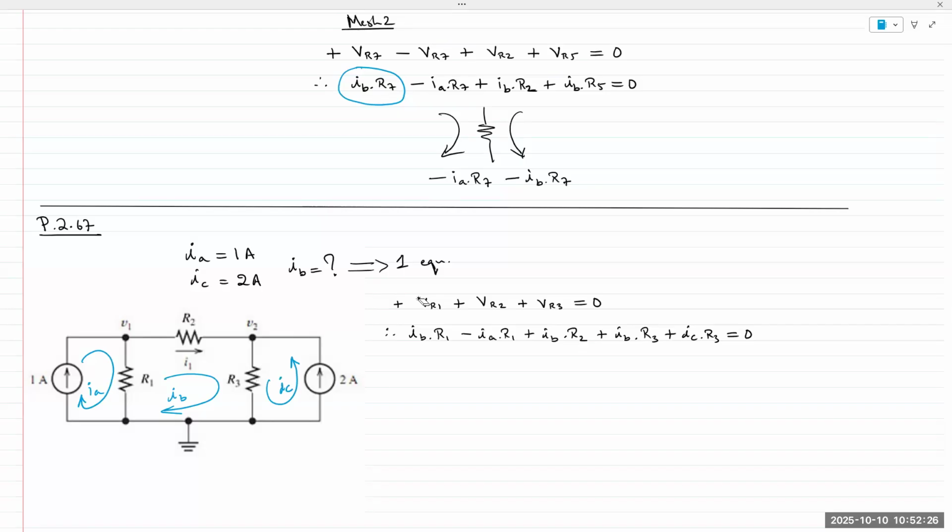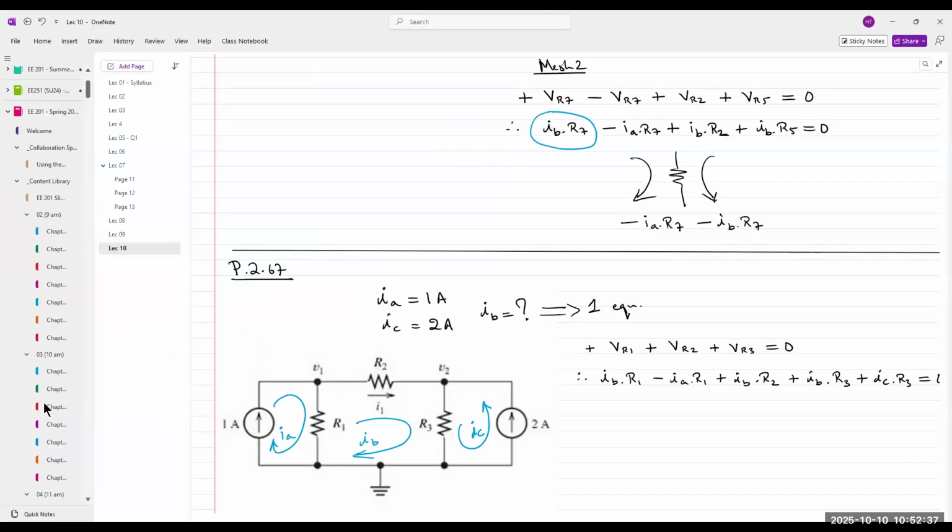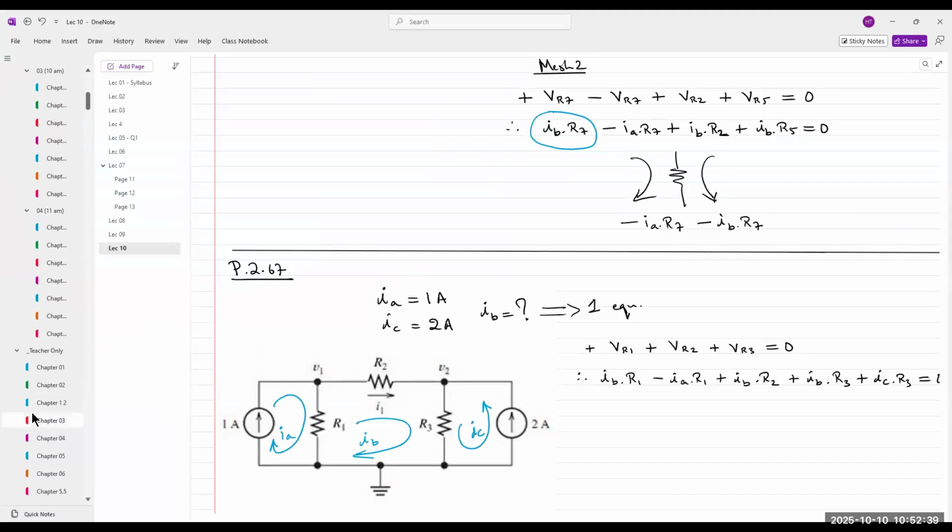All right. Then let's look at the final concept of the super mesh. Super mesh, like super node, is simply a shortcut.